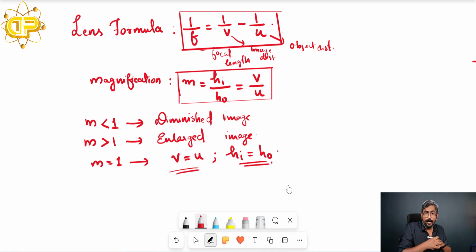And positive sign of M indicates that the image is erect. And negative sign of the magnification indicates that it is upside down. So that's it. I hope you got the points, the physics story behind the lens formula as well as sign convention. So make sure that you study well.